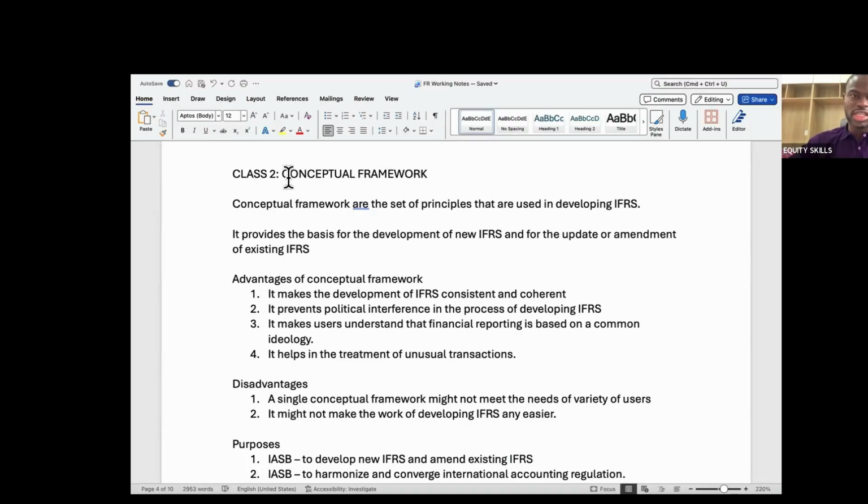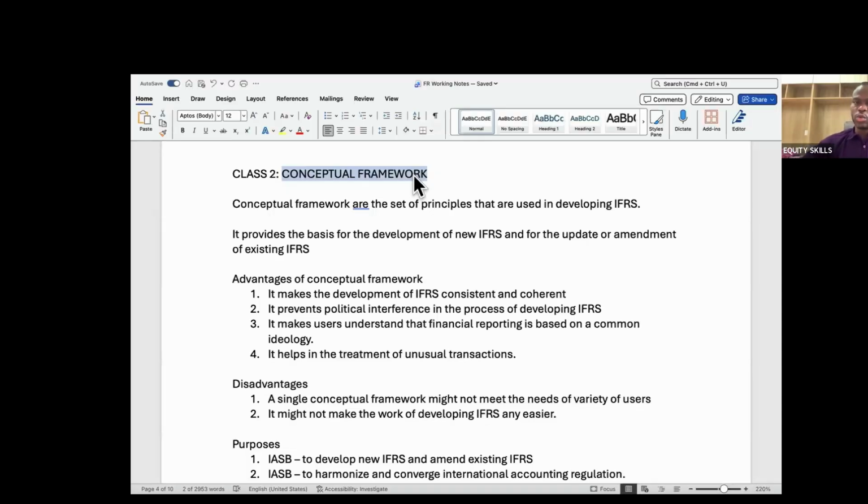So last week, we started and finished up the conceptual framework. And I can remember clearly that I told you that the conceptual framework is majorly about the set of principles that are used in developing IFRS.